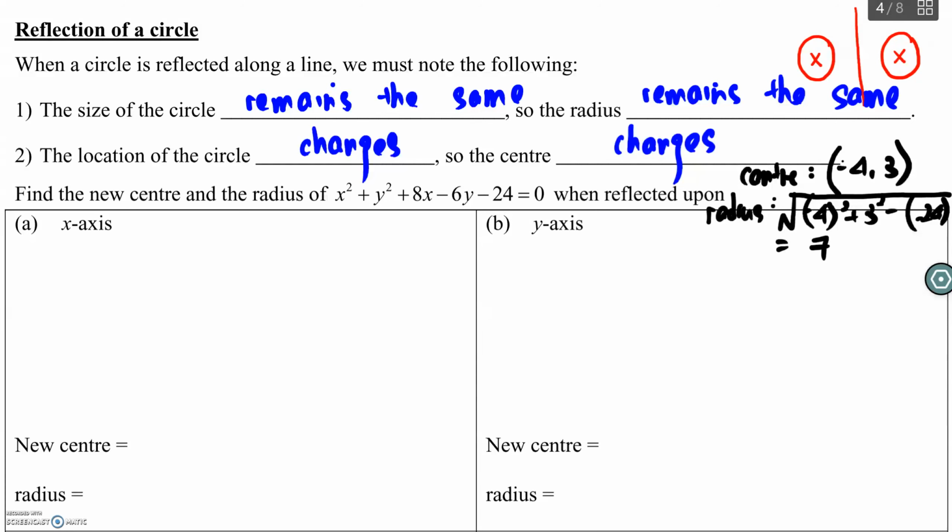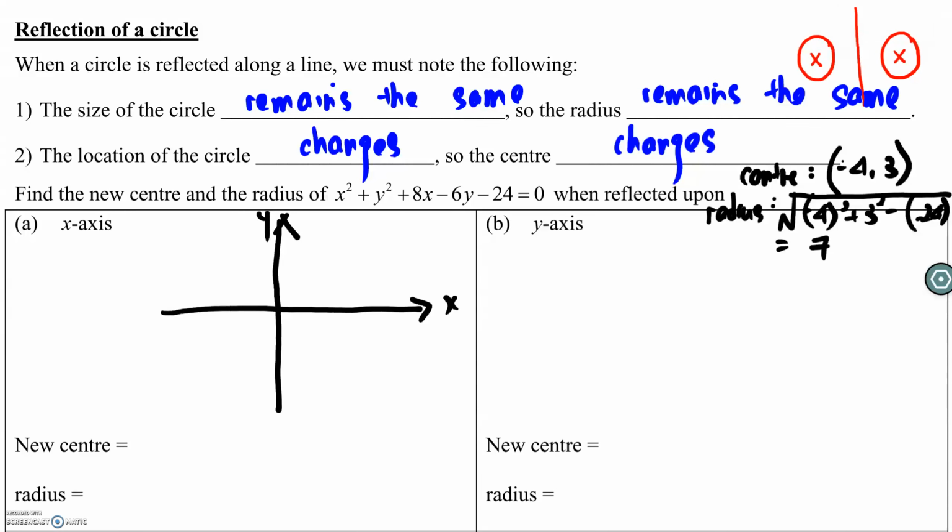We need to find the new center and radius if this circle is reflected upon the x-axis. As you have done previously as well, it is always very important to sketch and visualize your own diagram. So I'm going to do a simple sketch now. Do take note that the reflection is done along the x-axis.